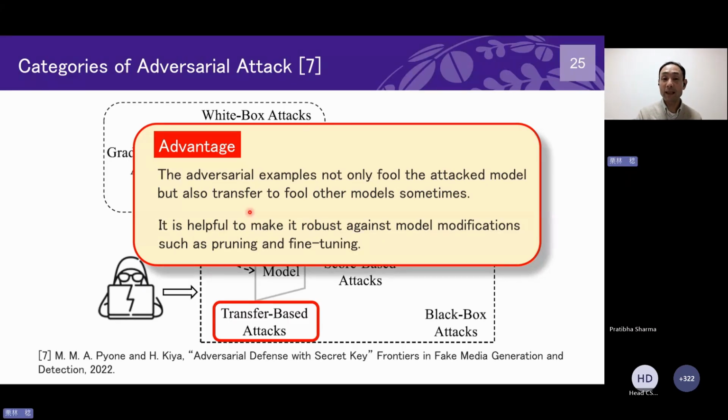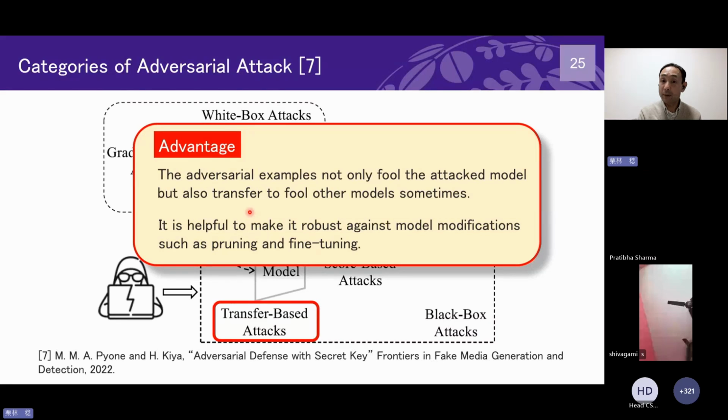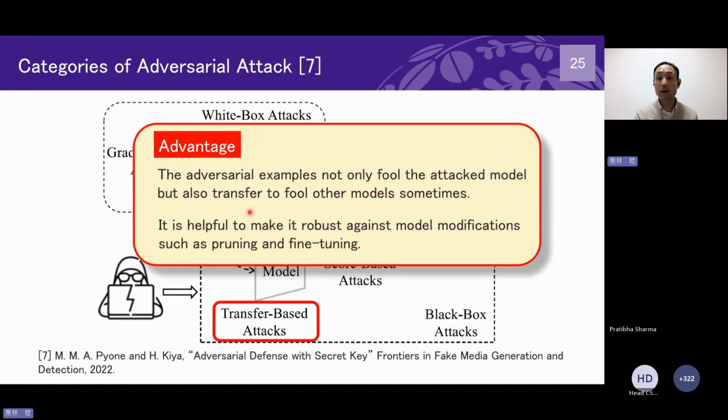But in the transfer-based attack, the transferability of the adversarial perturbation becomes helpful to make it robust against model modification.